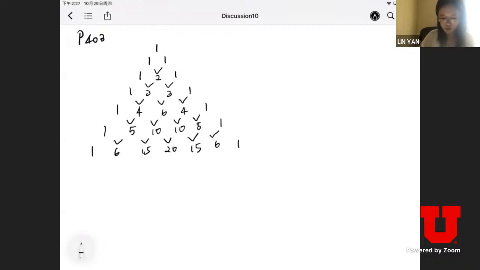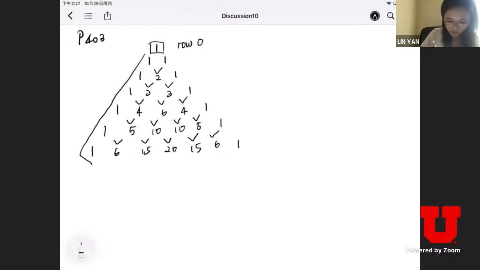Then we need to show how to use it to explain this problem. To recall the definition of the triangle, we refer to the row and entry number starting with 0. That is, the top row is row 0, and the leftmost entry of each row is entry 0.